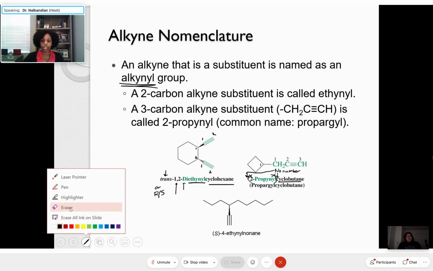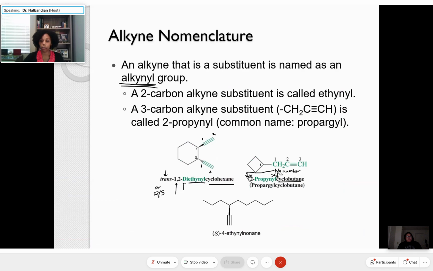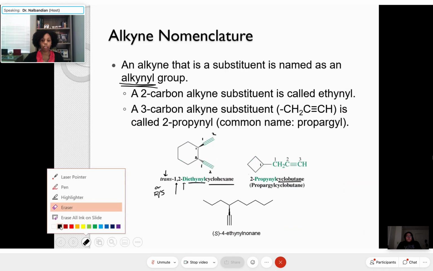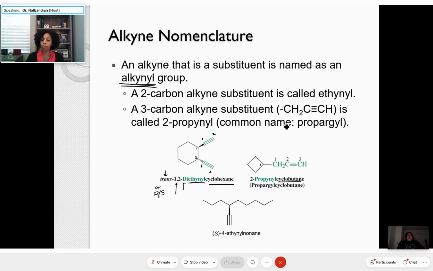So let me erase all that so that we can see this a bit clearer. So here, what do we need to say? Well, we need to say that this 2 now is referring to where the triple bond is. The triple bond is between carbons 2 and 3. So that's what this 2 is for. 2-propynyl.